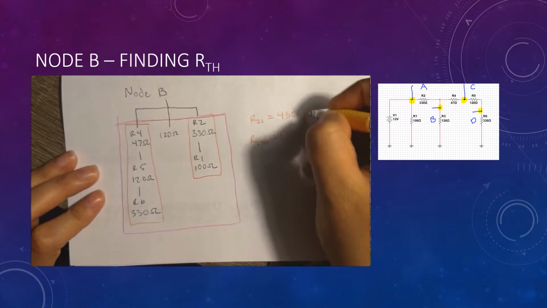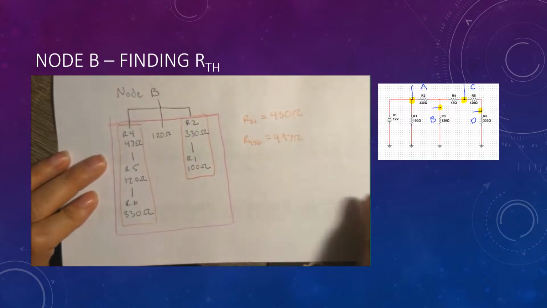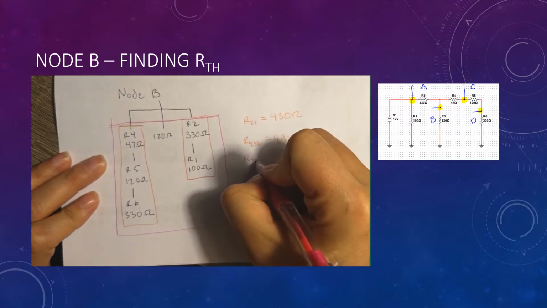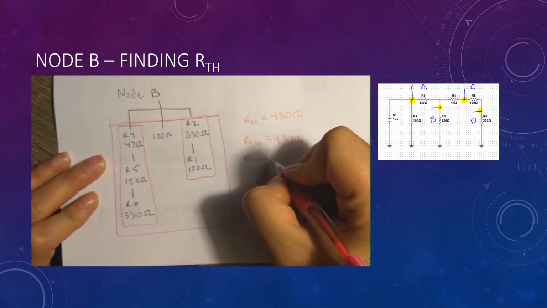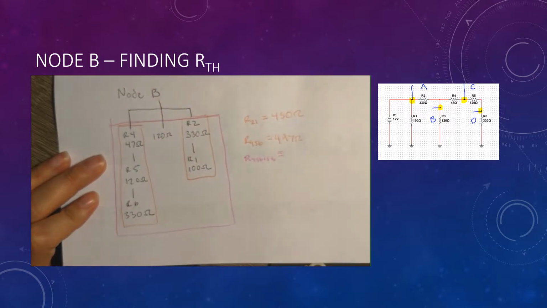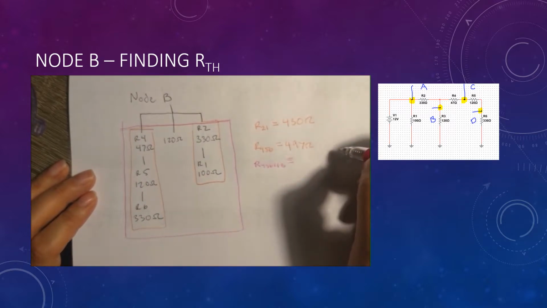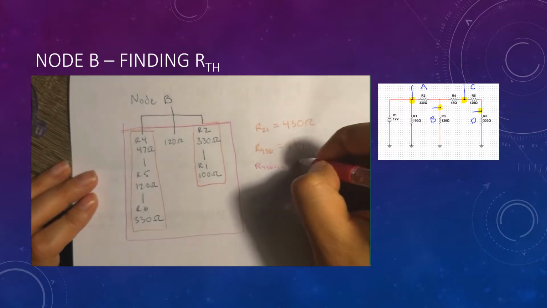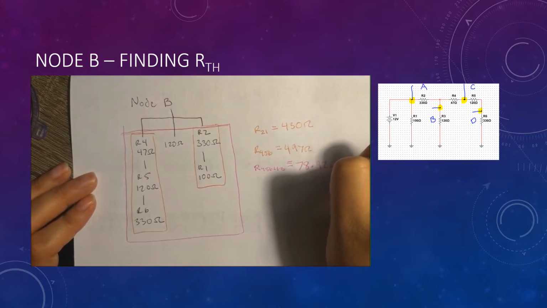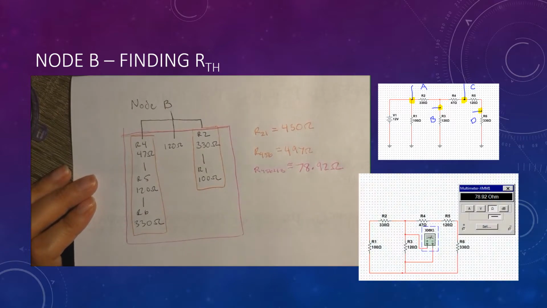And using both those answers, along with 120 ohms of R3, solved in parallel, will give us the result of 78.92 ohms. Verified in Multisim, we can see that this is the answer that we got.